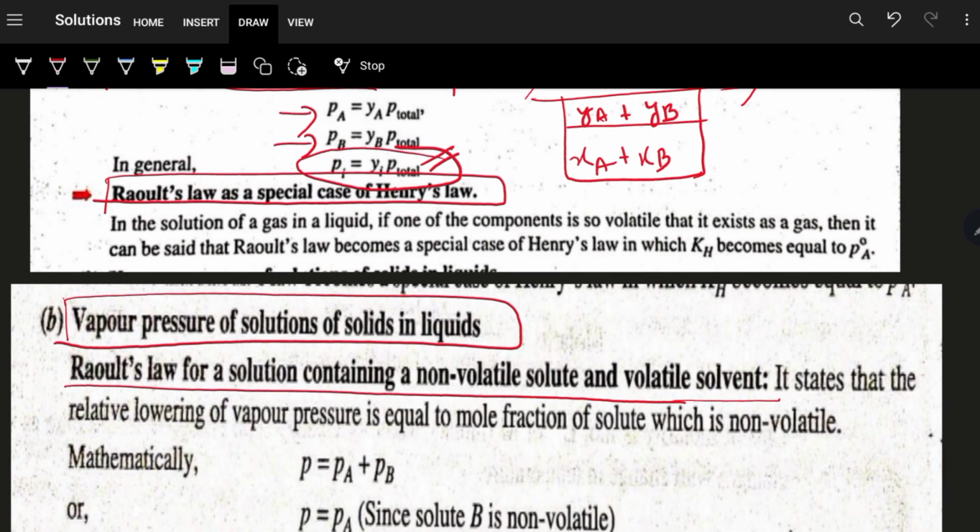Now, can we say Raoult's law is a special case of Henry's law? Yes. Why? Let us understand.